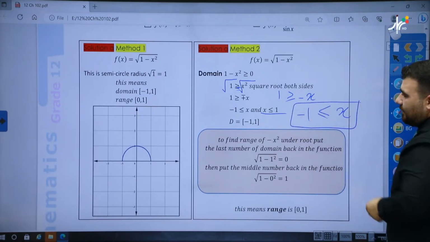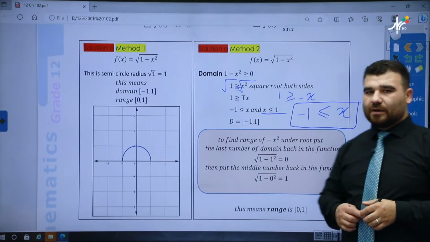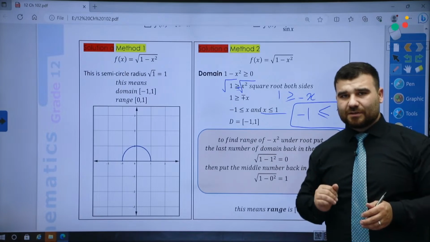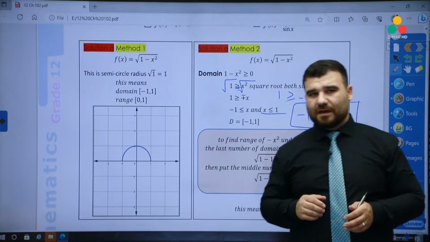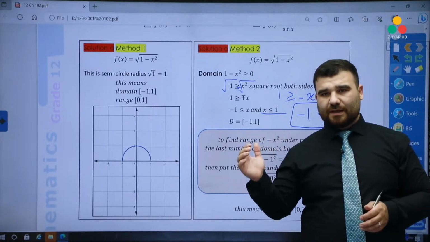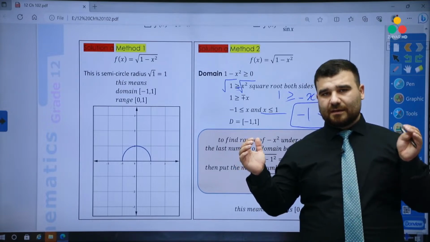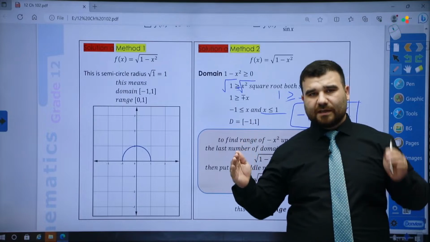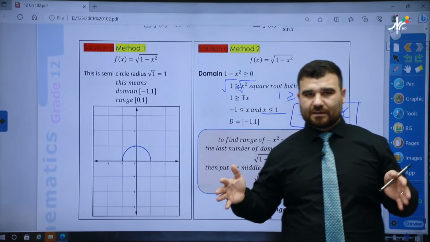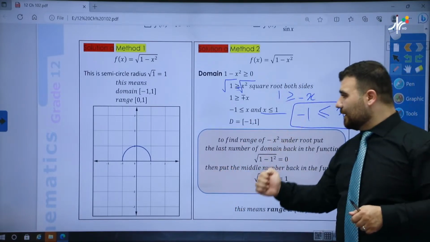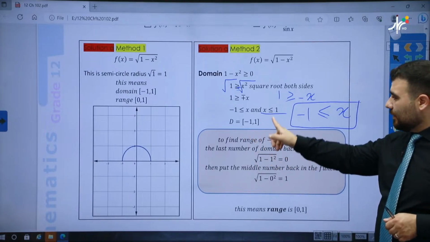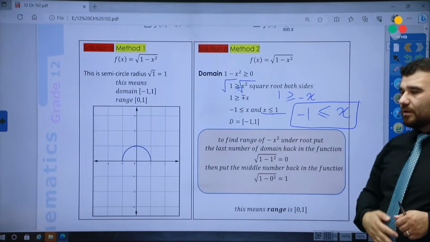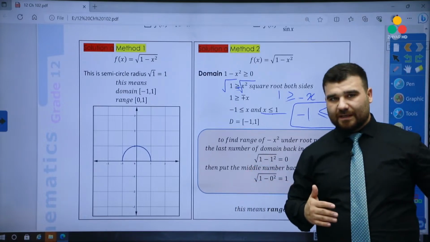So we have x greater than or equal to -1 or x less than or equal to 1. We have x values that are more than -1 and less than 1. This means we have only from -1 until 1 on the x-axis as domain. Both have equal sign. This is why both brackets are closed. Domain is from -1 until 1.